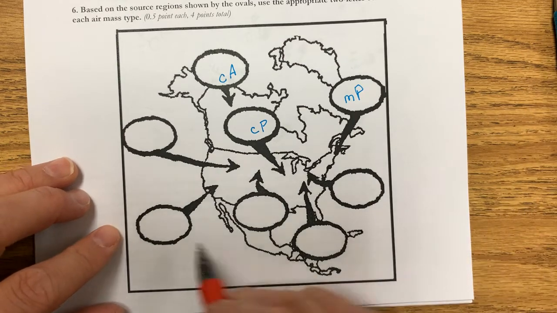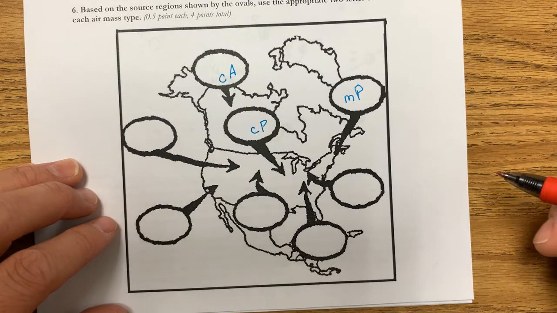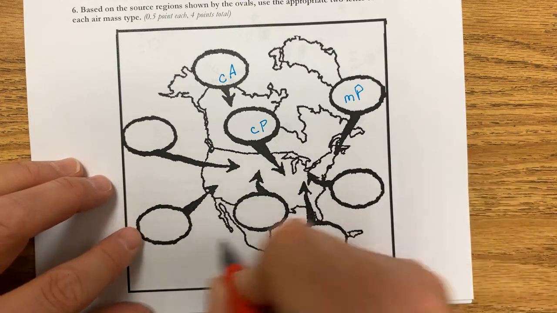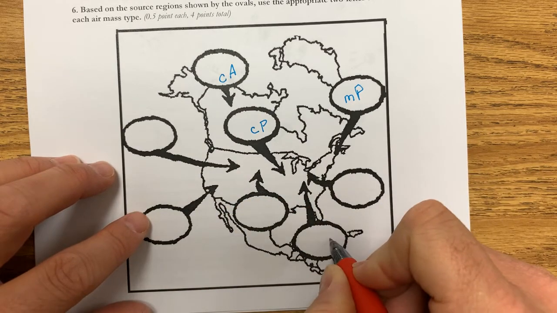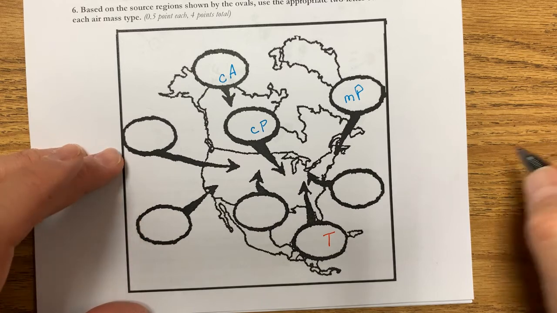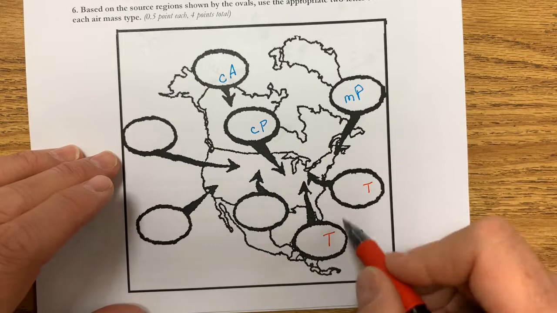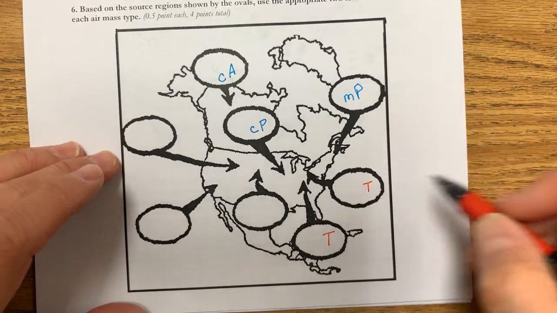Okay. Likewise, in the south here, we have regions of warmer temperatures, of course. So, for example, the air masses down here are going to be tropical. We're not far enough toward the equator to get equatorial. So this is also going to be considered tropical here because the Gulf Stream is warm water coming up from the south.